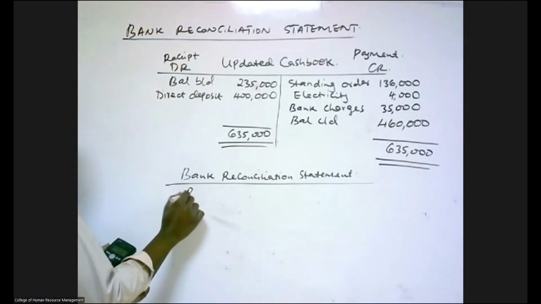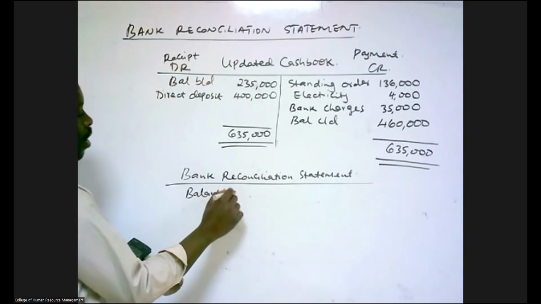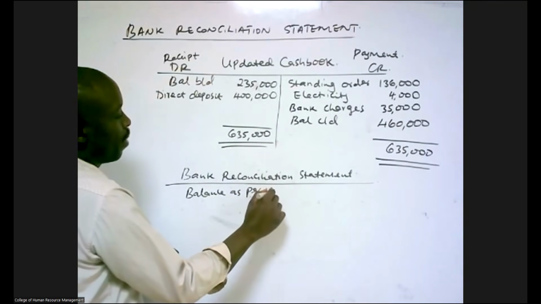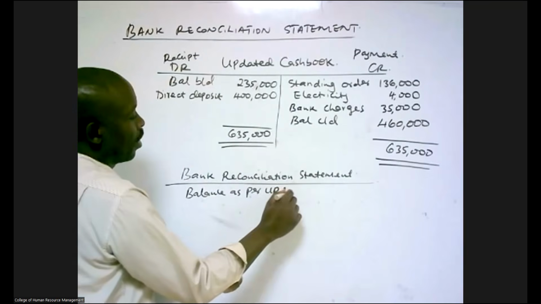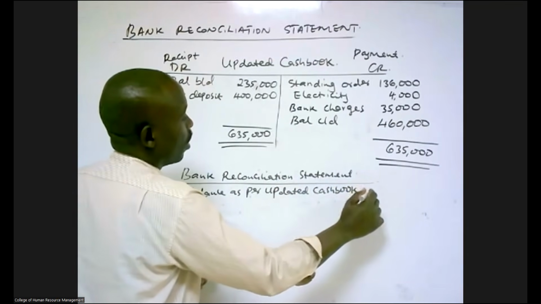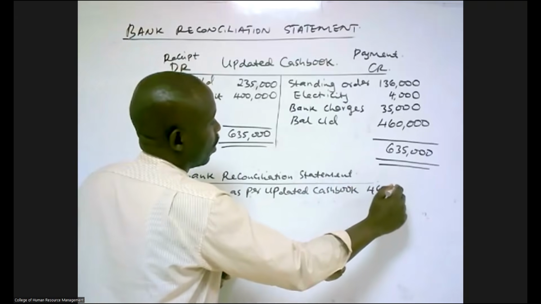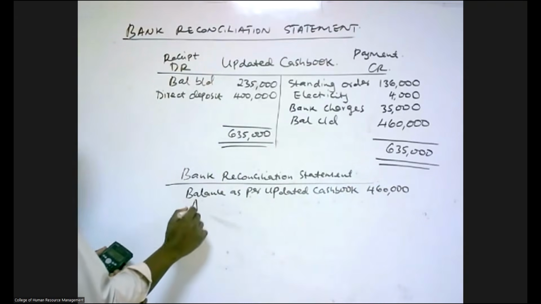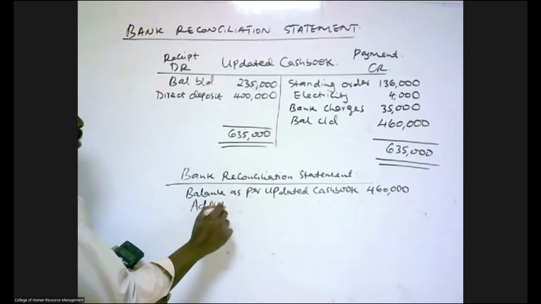Balance as per updated cash book for 60,000 and unpresented checks.